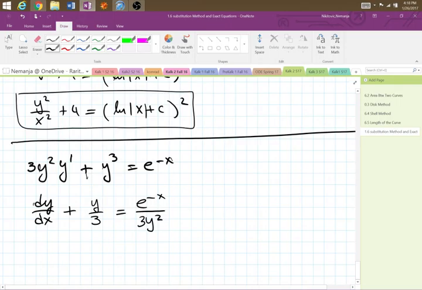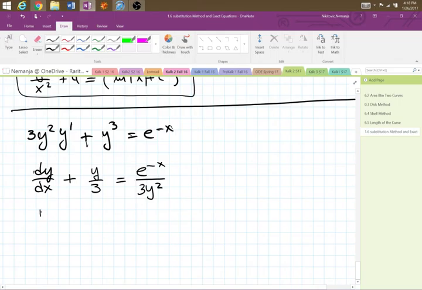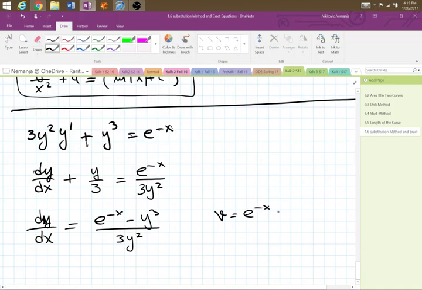Well, first I got y over 3. I did y prime equals e to the negative x minus y cubed over 3y squared, and I did v equals e to the negative x minus y cubed. So you said e to the minus x minus y cubed divided by 3y squared, and then v was e to the minus x minus y cubed. Okay, thank you.